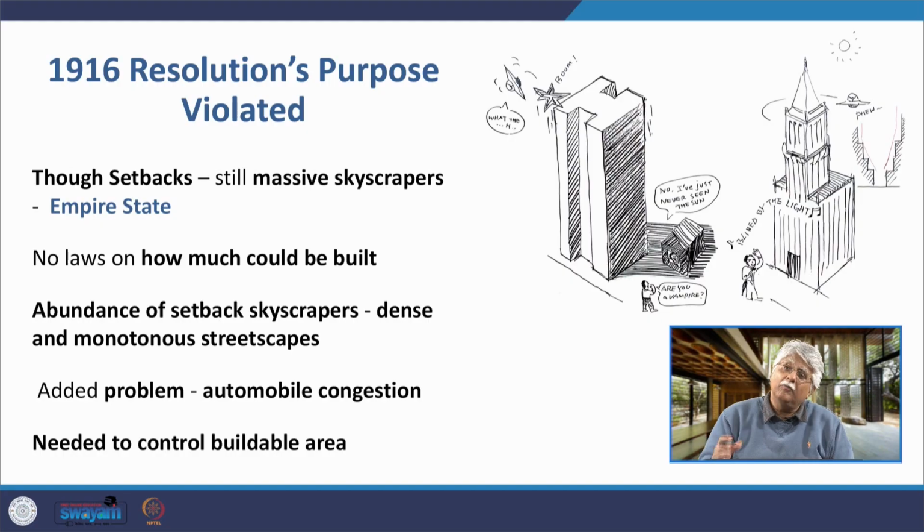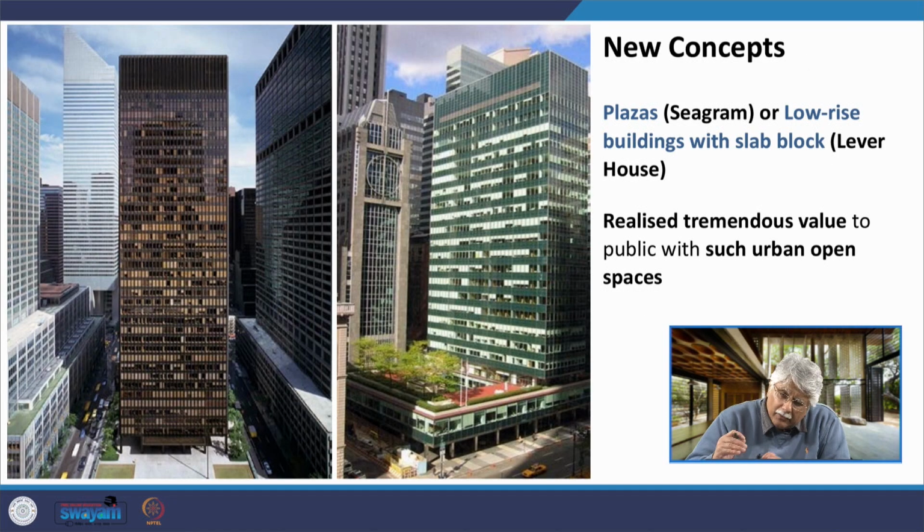The added problem was automobile congestion happening in cities because of so many tall buildings coming up, and thus there was a need to control the overall buildable area of the building. The two buildings, Seagram Building and the Lever House, actually showed New Yorkers a new concept, a new way of putting up a skyscraper that would give some freedom at the ground level and leave some urban open space for the public.